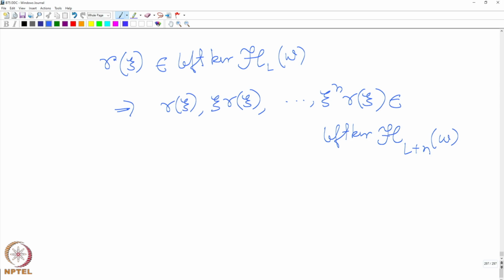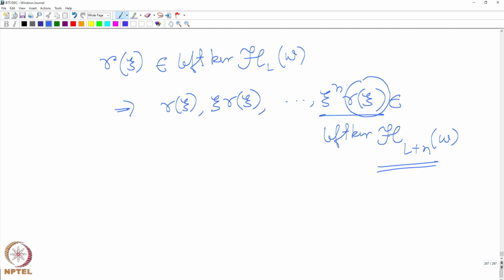And you can check that if you write them as polynomial row vectors, they have degree at most L plus n, and this is indeed true here also, because this had degree less than or equal to L.